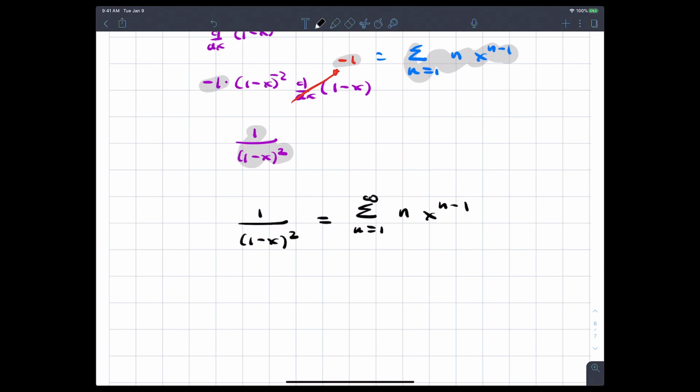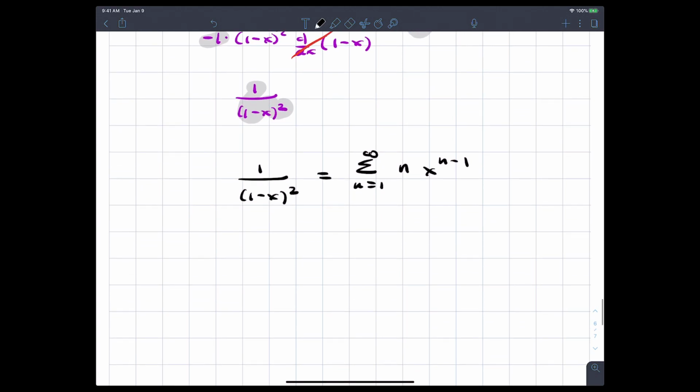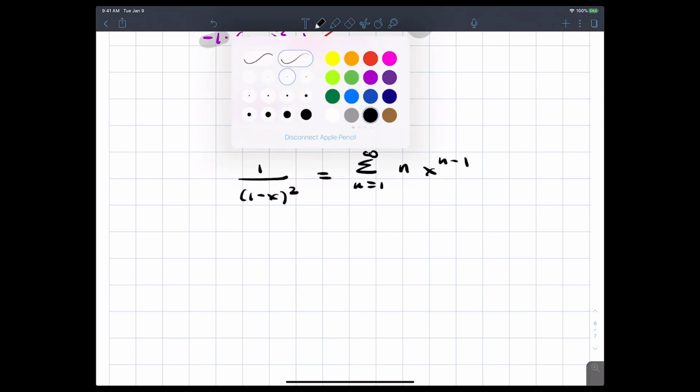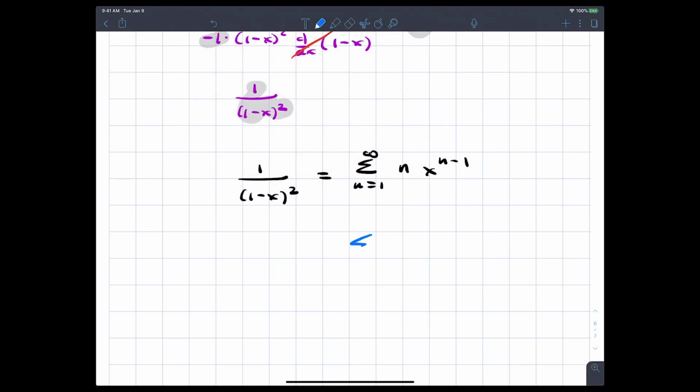And you might say, but Mr. Judge, I'm looking in the book, and it gives me a different expansion. In the book, they say n is 0 to infinity of (n plus 1) x to the n.